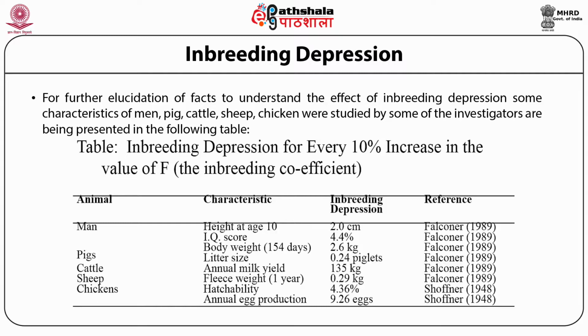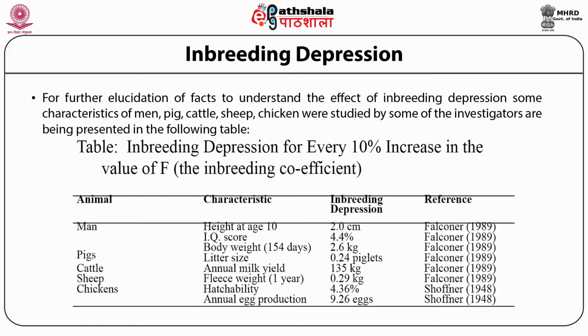Then litter size of pig was reported as inbreeding depression of 0.24 piglets. Among cattle, the inbreeding depression was estimated as annual milk yield 135 kg.